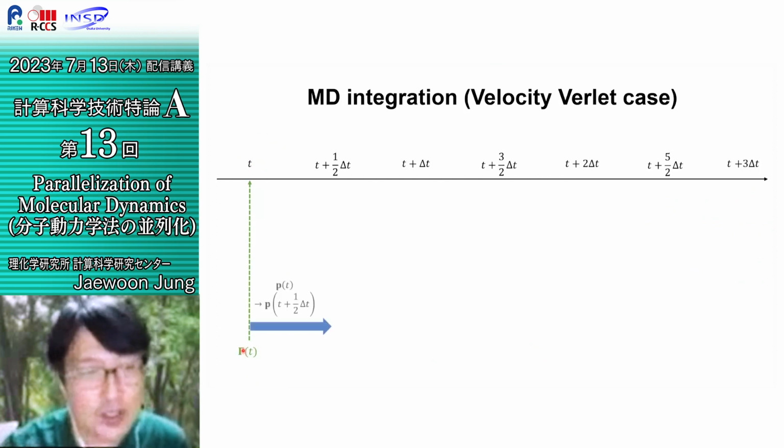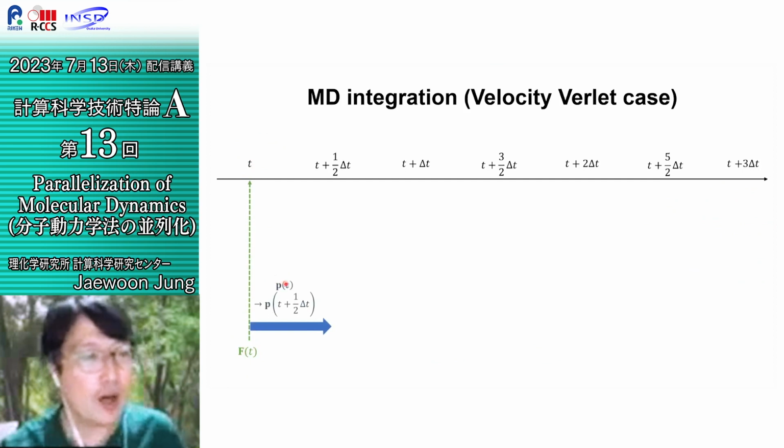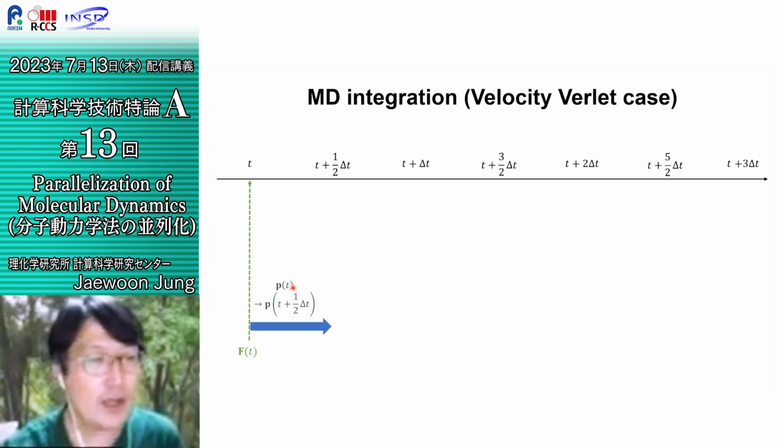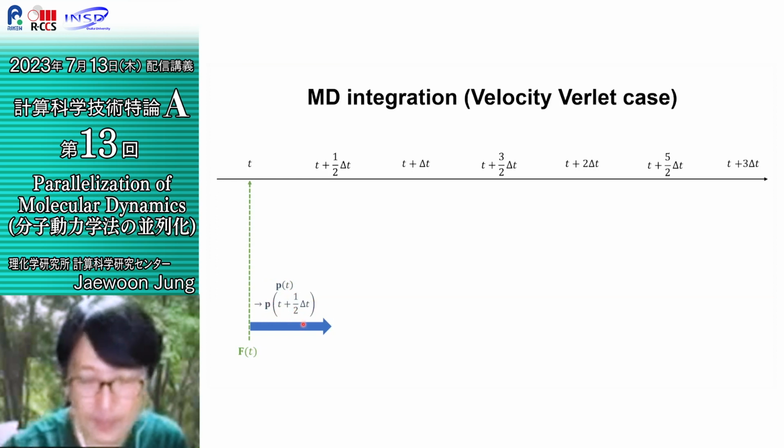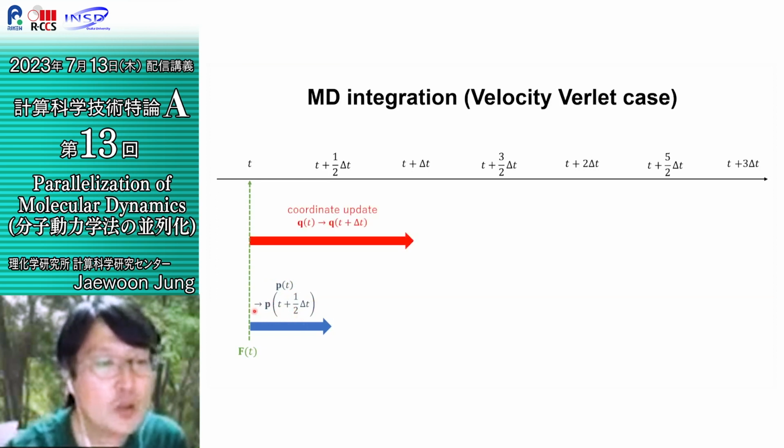And after evaluating force, we update the momentum from the momentum at time t to t plus half delta t. So now we update the momentum. Then, based on this momentum, we update the coordinate from time t to time t plus delta t.